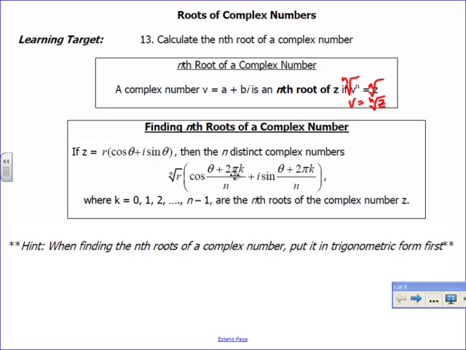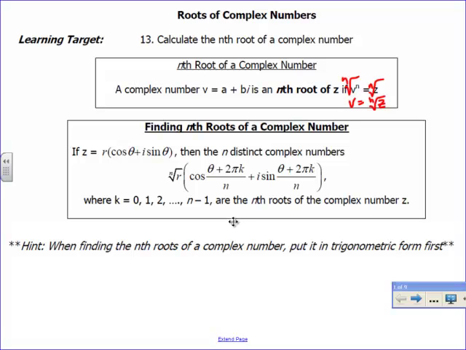So it's all the coterminal angles that are going to help you find your roots. k starts off with 0. This is the trickiest part. It starts off with 0, which means no multiple of 2 pi, so your original theta over n. Then k becomes 1, so I add 2 pi. Then k becomes 2, so I add 4 pi, and so on. And you go all the way up to n minus 1.